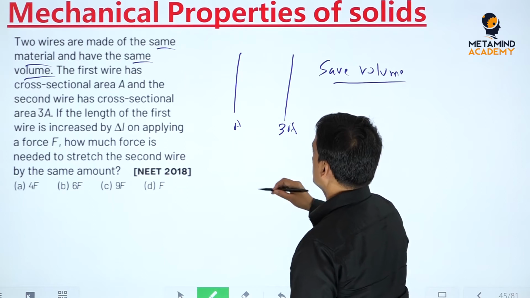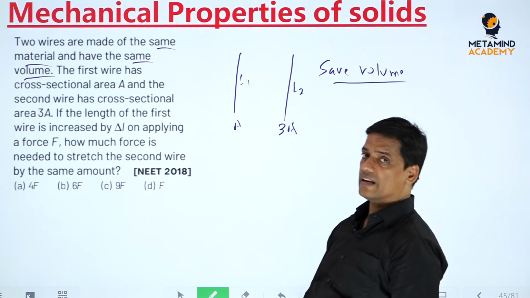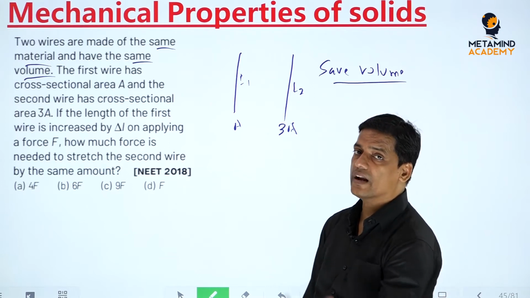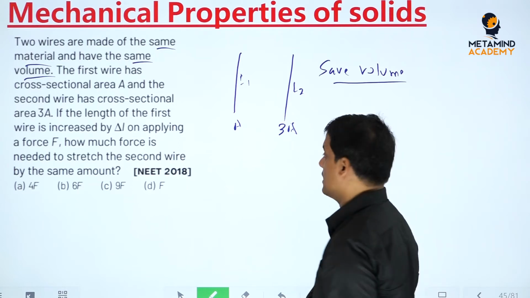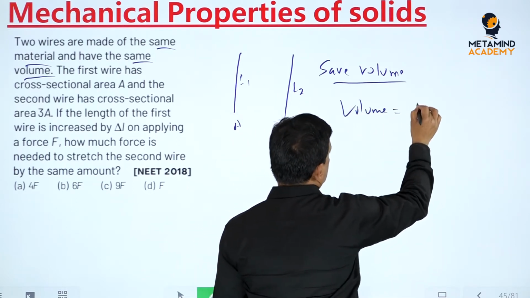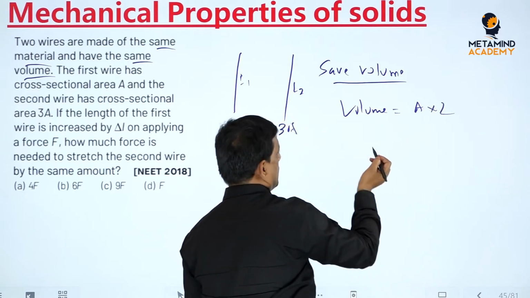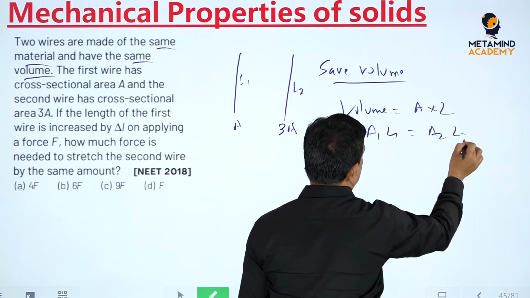Now, remember, if this is A, the length will be L1 and this length will be L2. Why am I writing L1, L2? There is nowhere written that the length is same. What is given is volume is same. This is the only trick here. Volume is area into length. Same volume means A1 L1 is A2 L2.